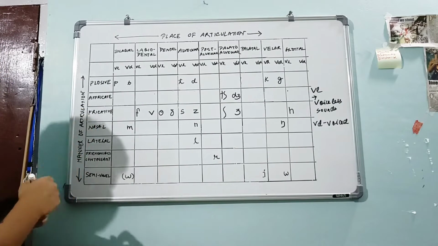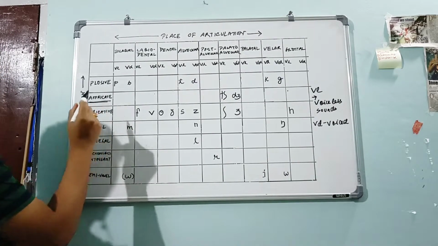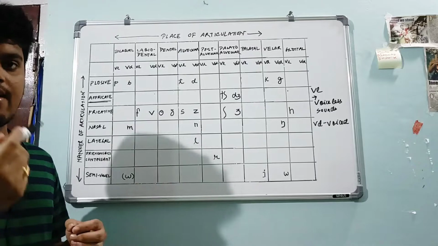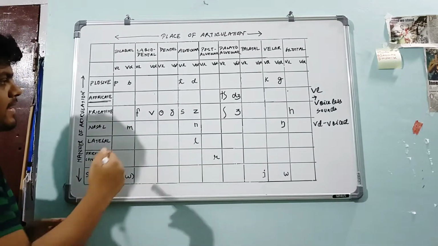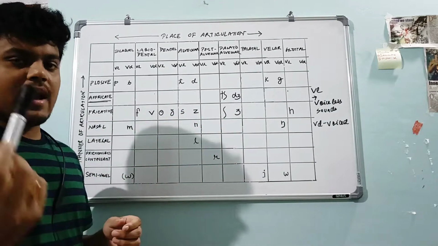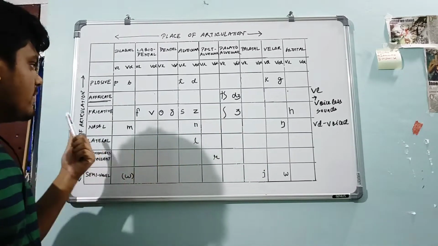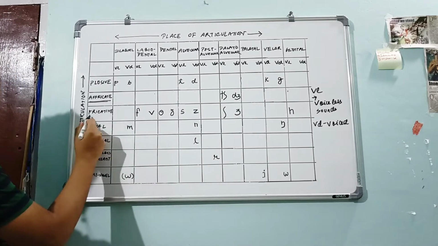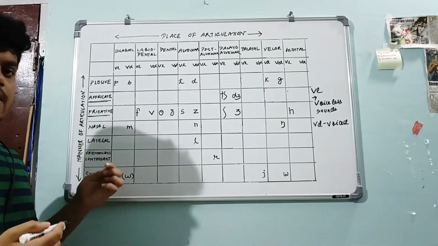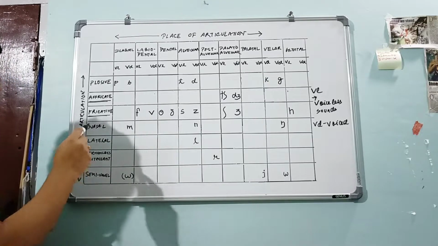Then affricate. In affricate, there is a slow release of the air. Affricate sounds are like cha. If you try to produce these sounds, there is a slow release of the air. Then comes fricative. You might know the meaning from the name itself.